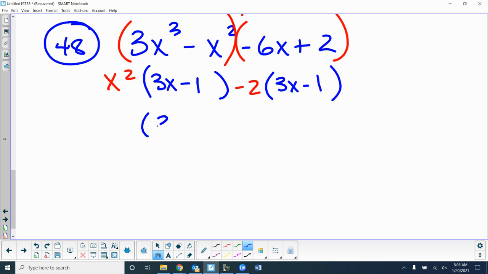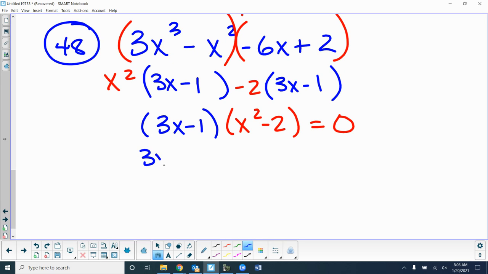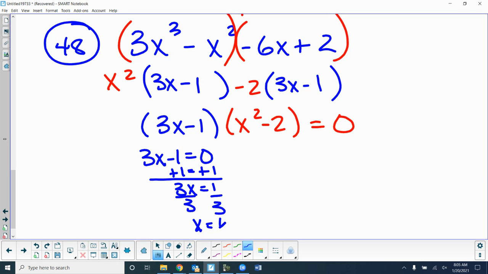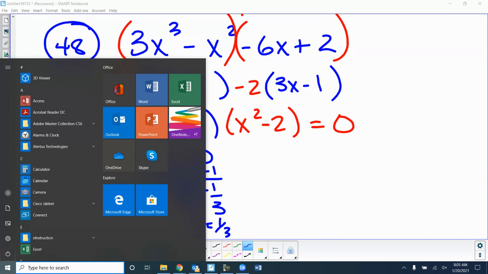You got the 3x minus 1 and the x squared minus 2. Remember, to find the zeros, you're setting it equal to 0, right? Then you can just solve each equation. 3x minus 1 is 0. Add 1, and divide by 3. There's your 1/3. Okay?